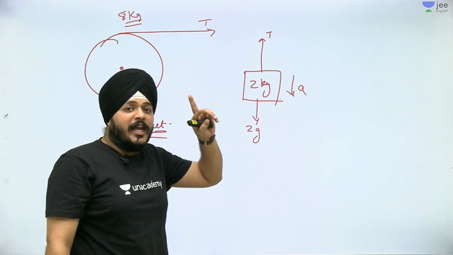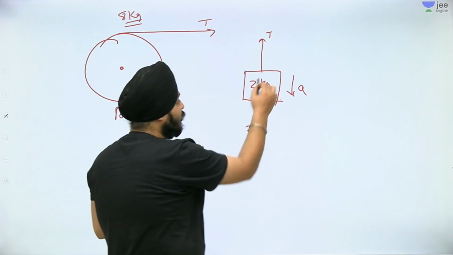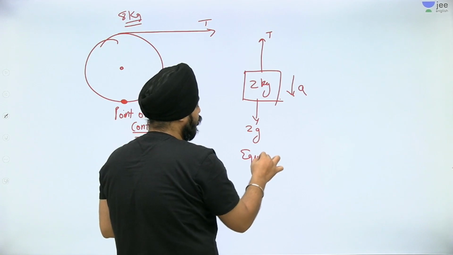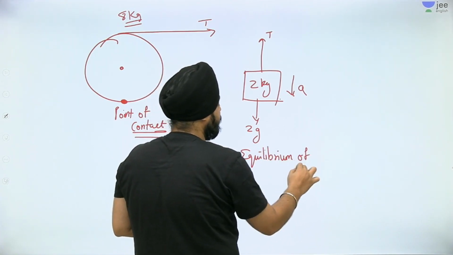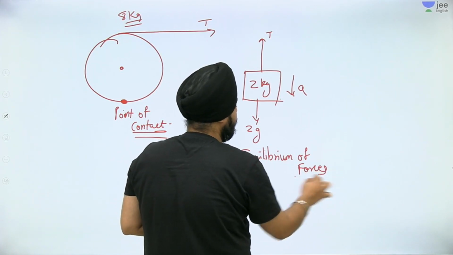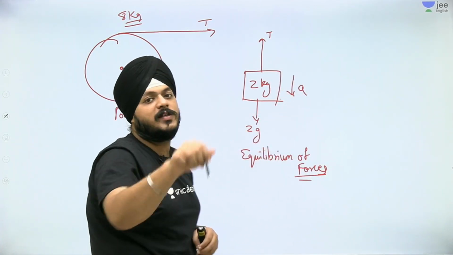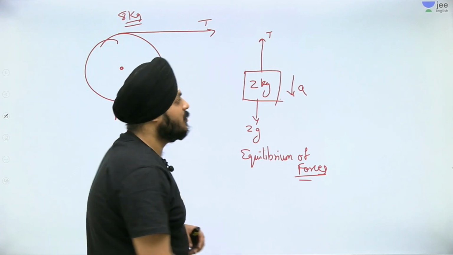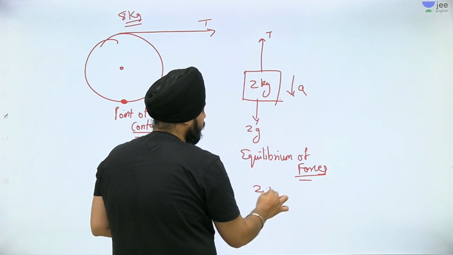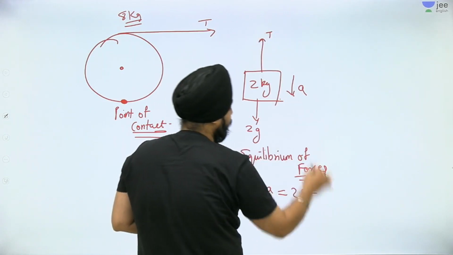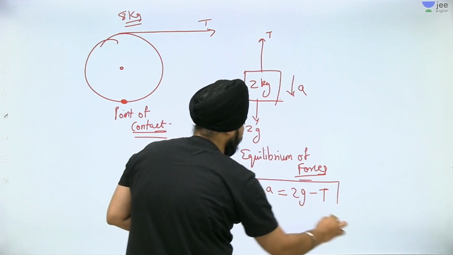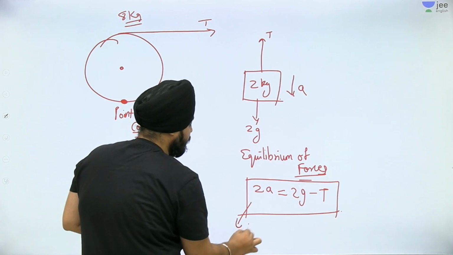According to the equilibrium of forces, the net acceleration is in the direction of the higher magnitude force. So 2 into a is the net force, the higher magnitude is 2g and the lesser one is T. Can I consider this as equation number 1?